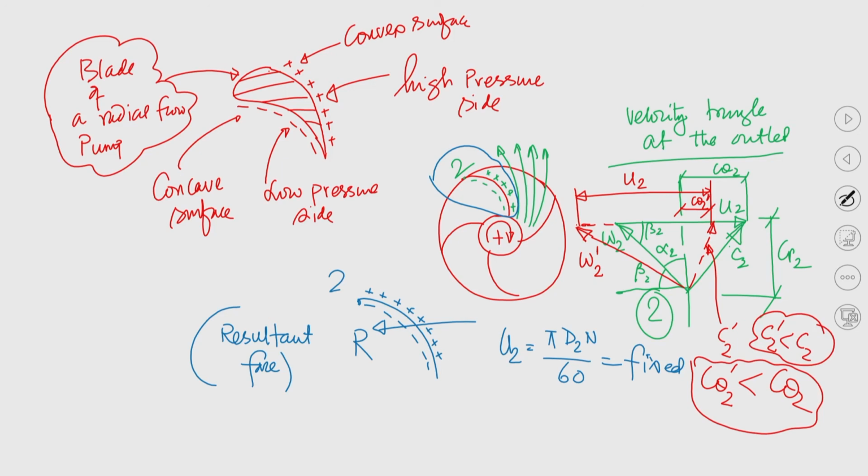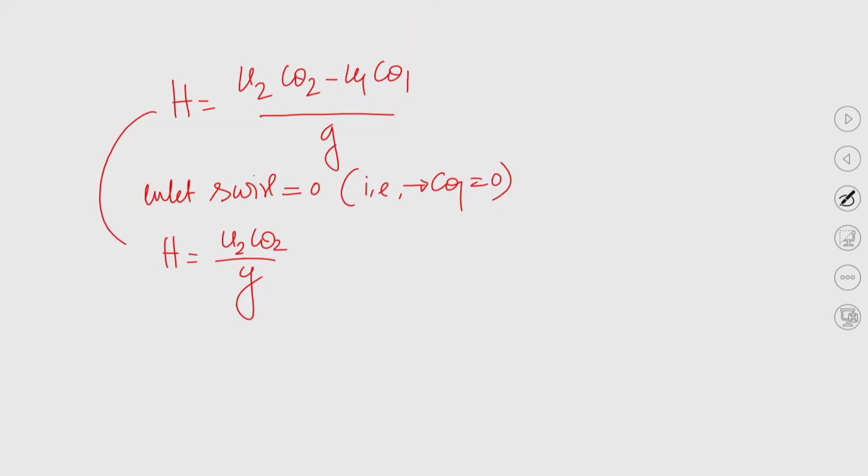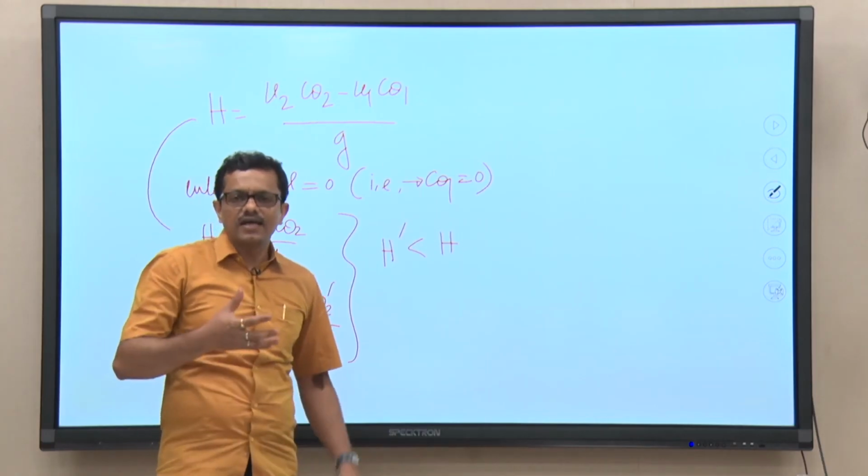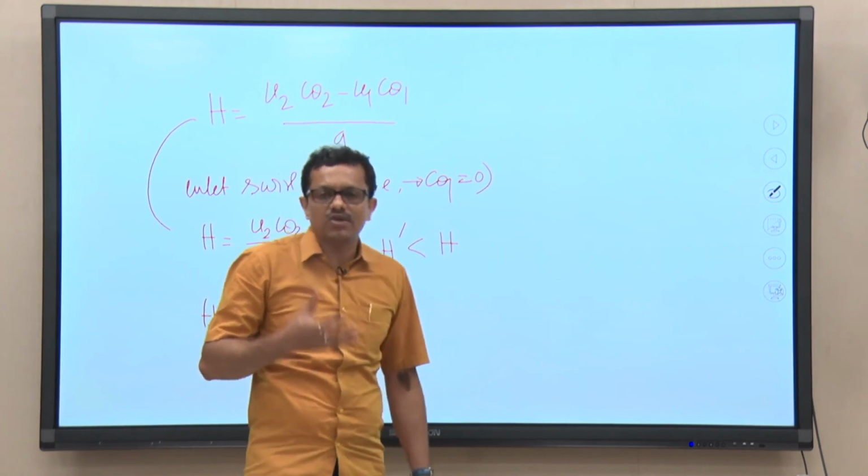We are getting H prime, that is u into C theta 2 prime by g, right. So, definitely H prime will be less than H. So, the head developed by the pump will be definitely less, and probably that is what I was discussing in the beginning of today's class, that the head predicted by the Euler equation is not achievable.